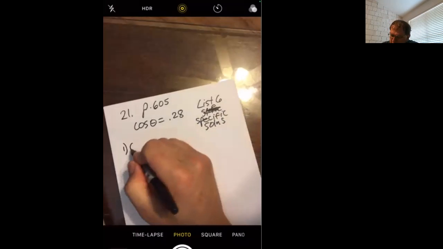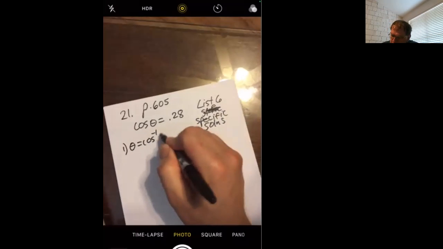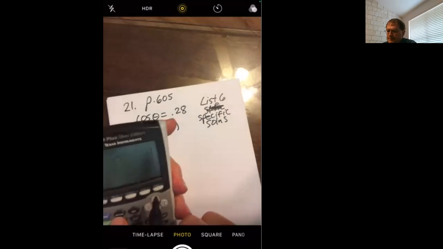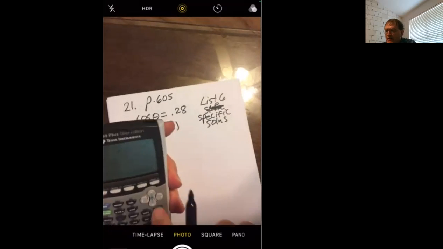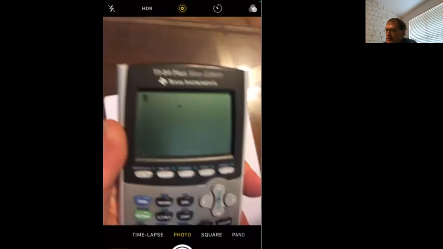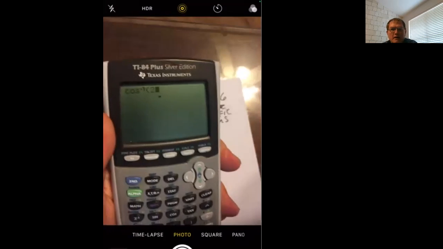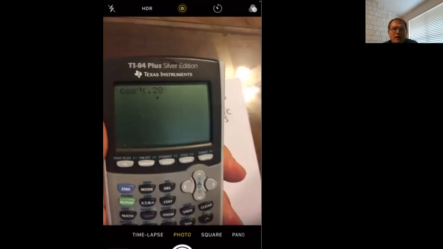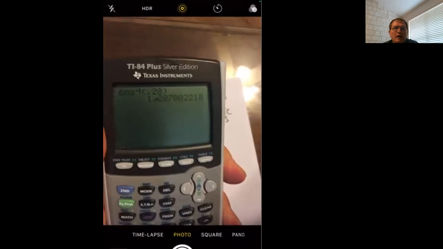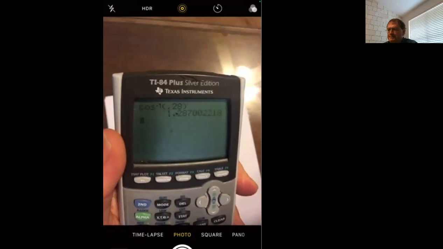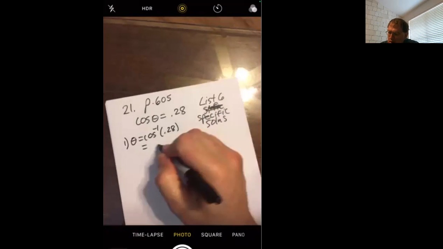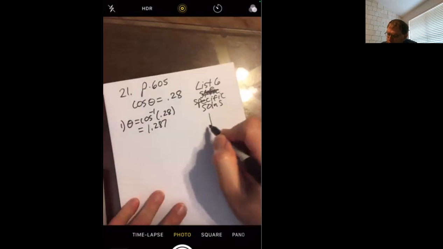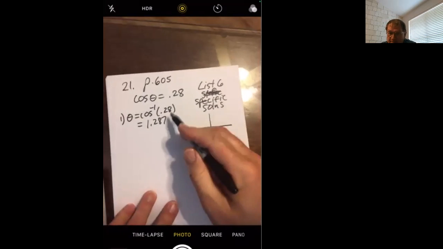Okay, well, for the first, your theta will be the arccosine of 0.28, and so you will get 1.287. The next one kind of helps to have it, because that's all the calculator is going to tell you.